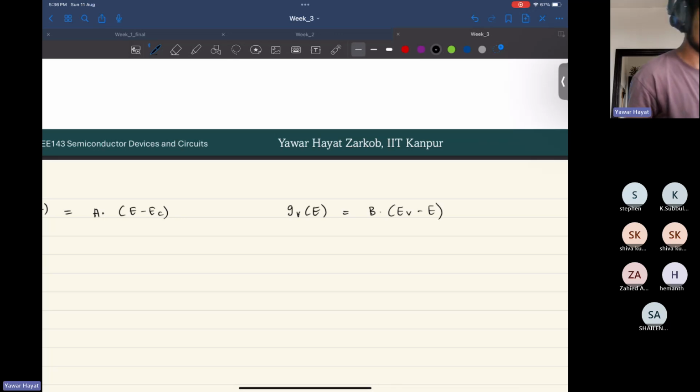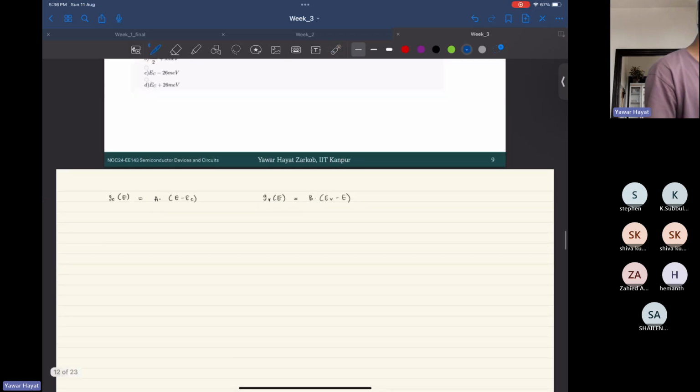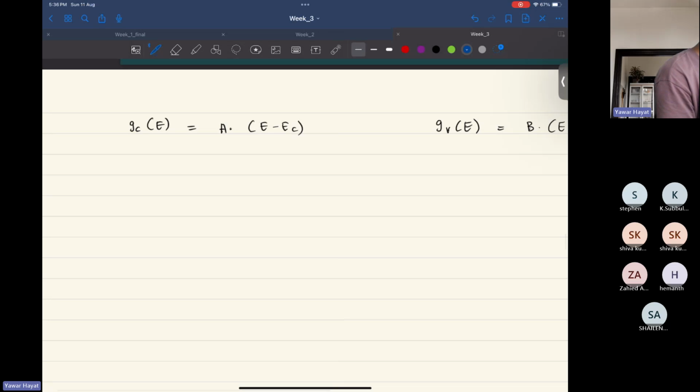Fine. Now, see, we were asked to assume Boltzmann distribution for both the types of carriers. So we'll do that, right? So if we use Boltzmann distribution, that actually simplifies the matters a lot.